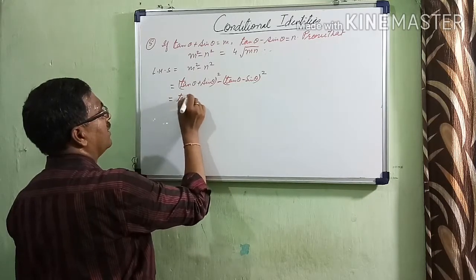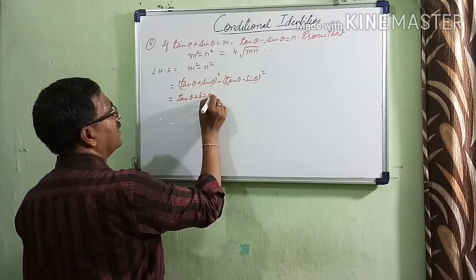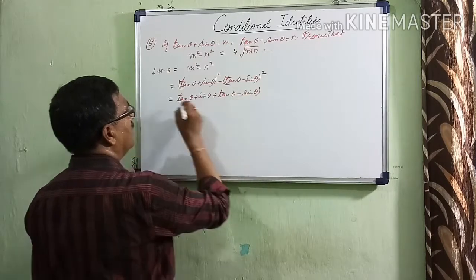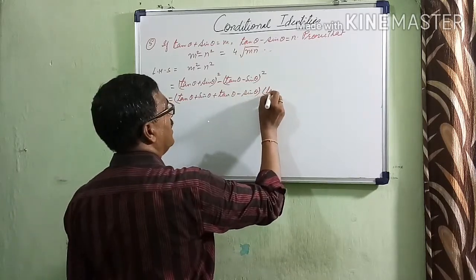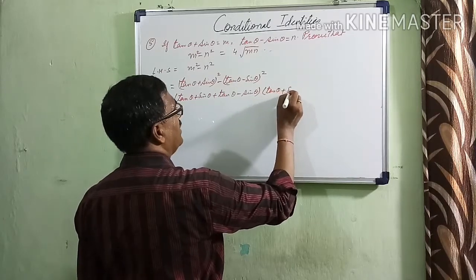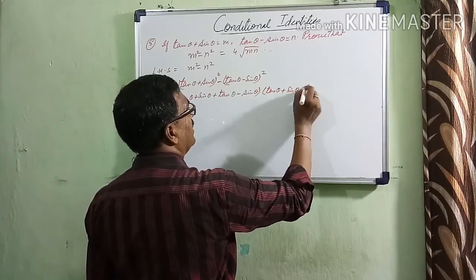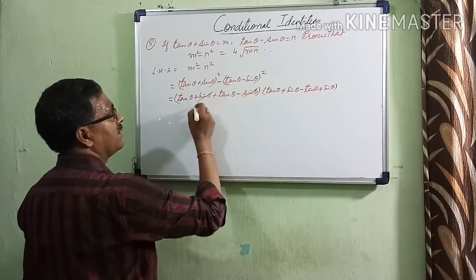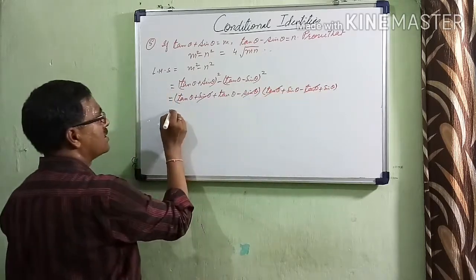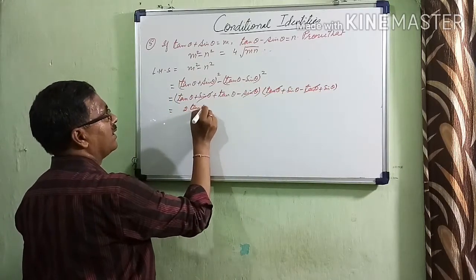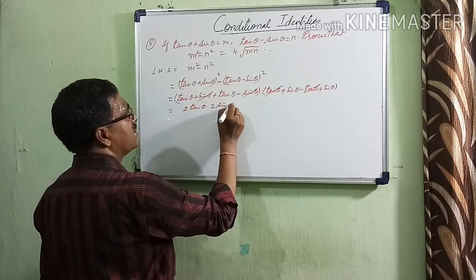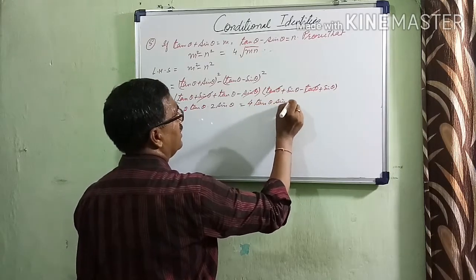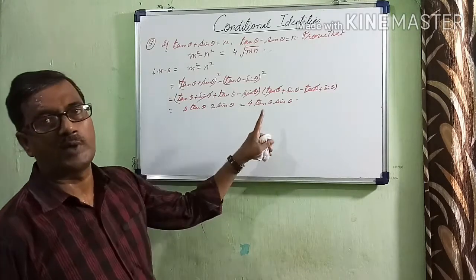So tan theta plus sin theta plus tan theta minus sin theta into tan theta plus sin theta minus tan theta plus sin theta. Here sin theta cancel, tan theta cancel. So 2 tan theta into 2 sin theta, is it not equal to 4 tan theta into sin theta? This is the simplified form of LHS.